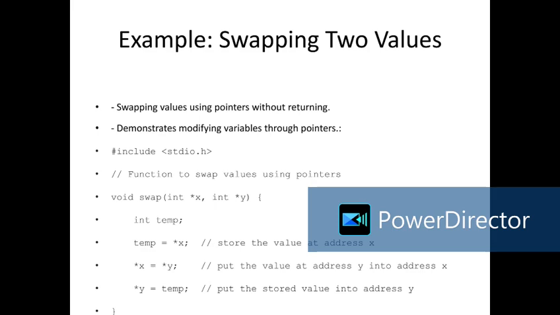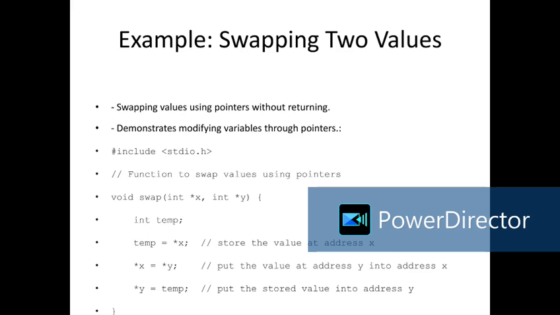Let's write this function: void swap(int *x, int *y) { int temp = *x; *x = *y; *y = temp; }. Here is how it works in main: int a = 10, b = 20; swap(&a, &b); printf("a = %d, b = %d", a, b); a equals 20, b equals 10.